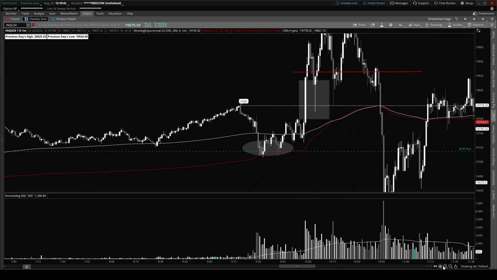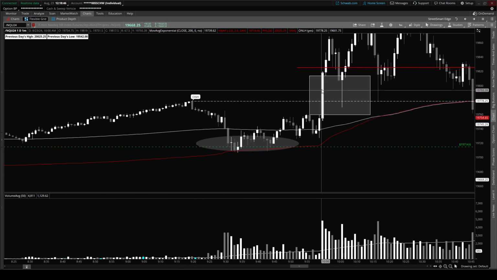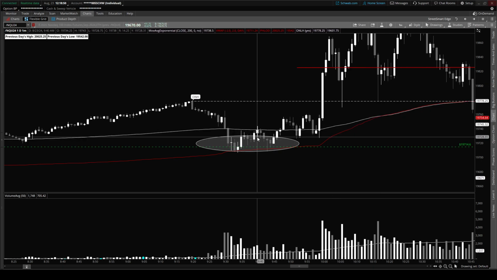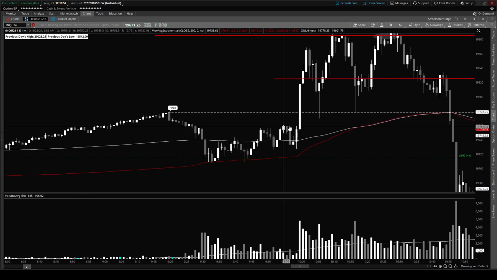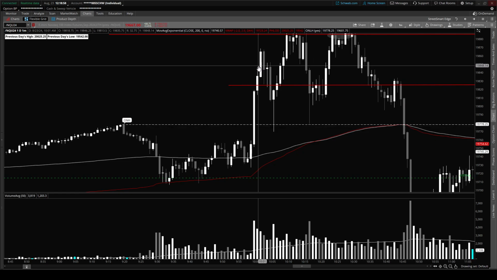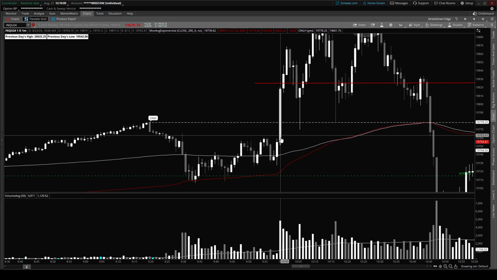So Chin ended up taking a long position off the structure right about here, and I think he played this extremely well, just based off of the confluence. And this is literally going back to what I was talking about, these exact confluences that I was looking at. So Chin ended up taking a long position at 10:06.